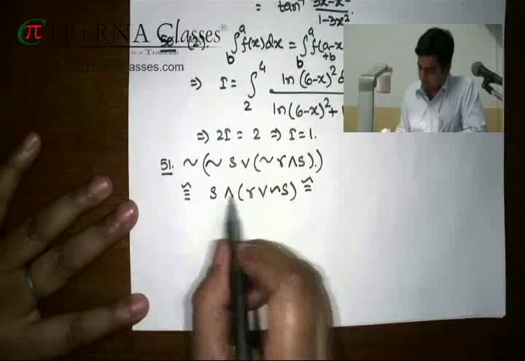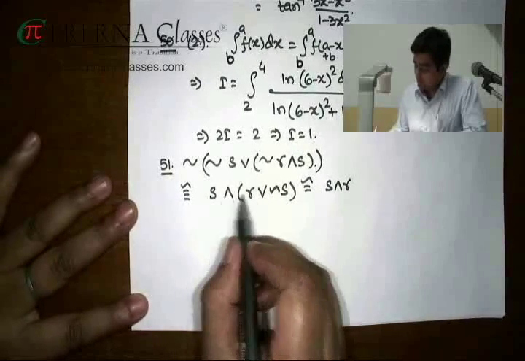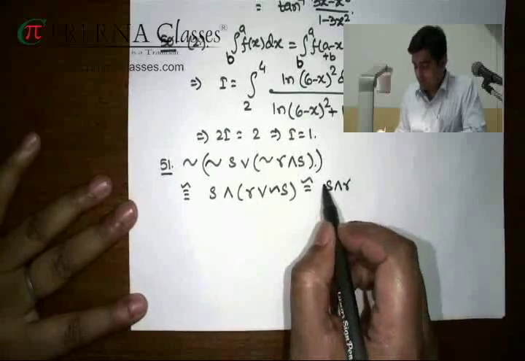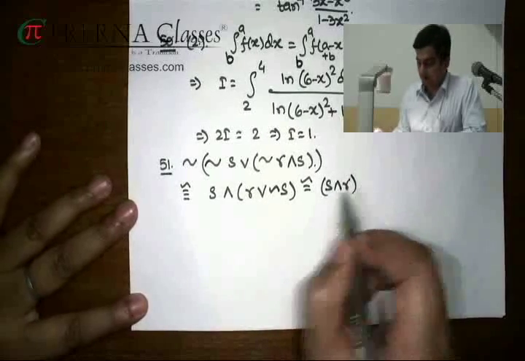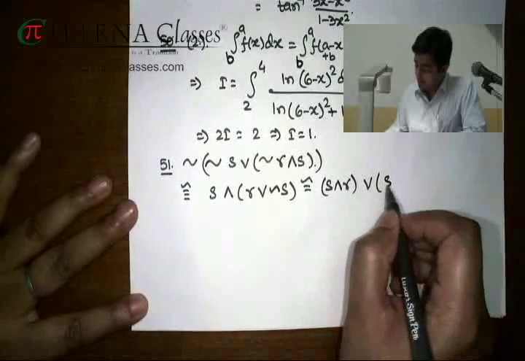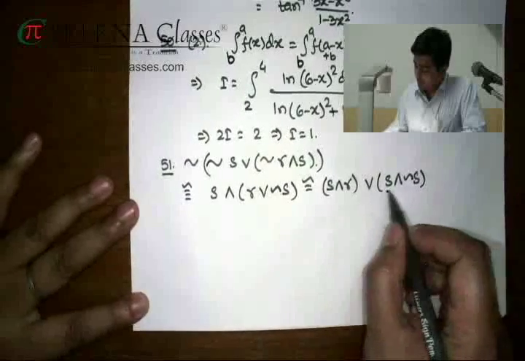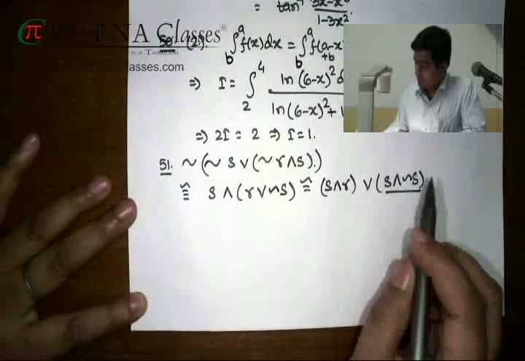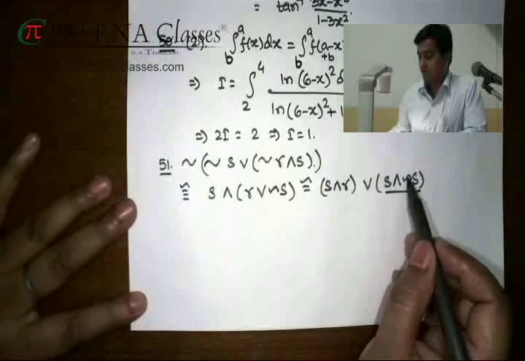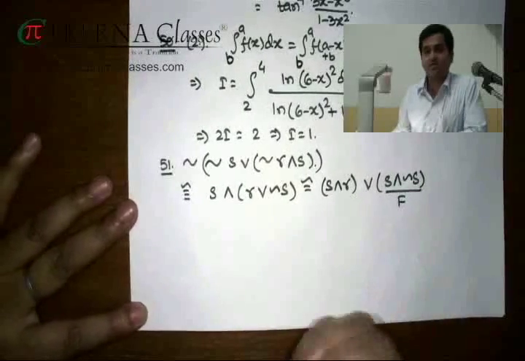After this, if I consider this expression, this sign with R, the statement R, you will end up getting this expression. And then you can check, this is like you are looking at a statement and the negation of that statement.